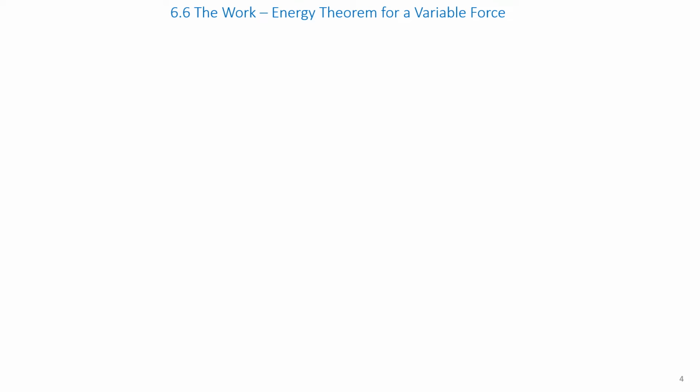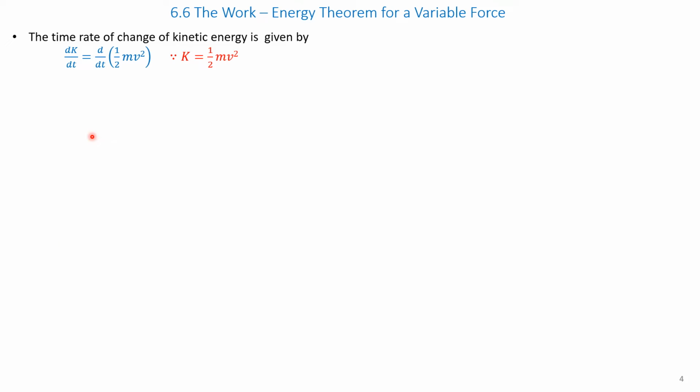Now the work energy theorem for a variable force. We know that the time rate of change of kinetic energy is given by dK by dt equal to d by dt of half mv square. Here we have used the relation capital K is equal to half mv square.